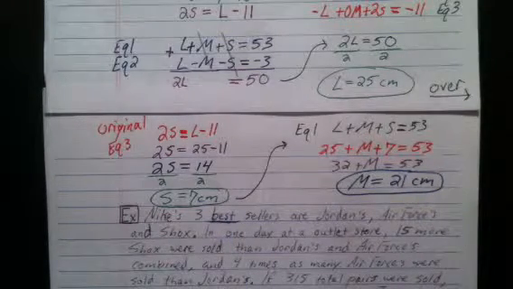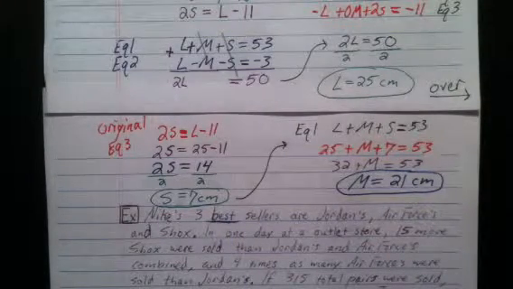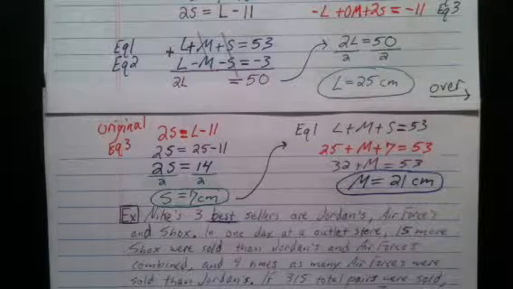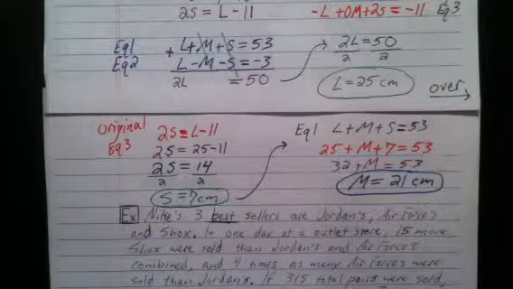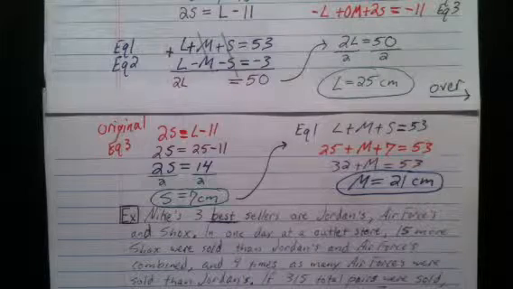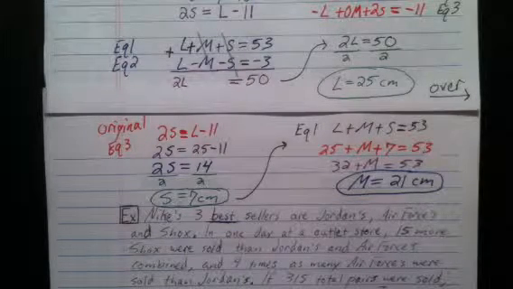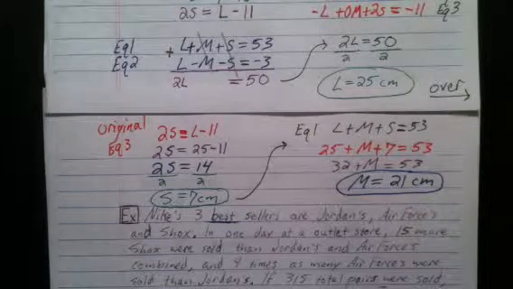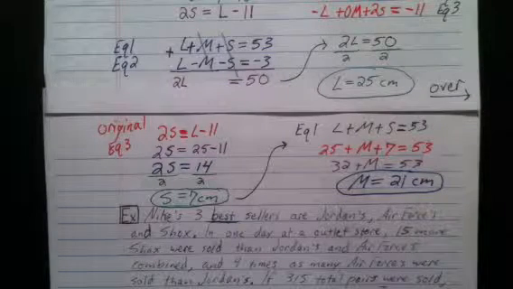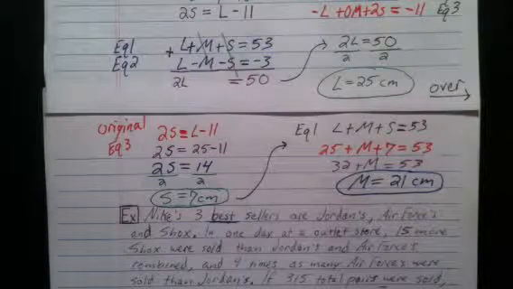It does add up to give us 53. And that is all we'd have to do for that problem then. Okay, so you see some of these examples will require 3 variables, 3 equations. That's why we did learn this whole elimination process with 3 equations.